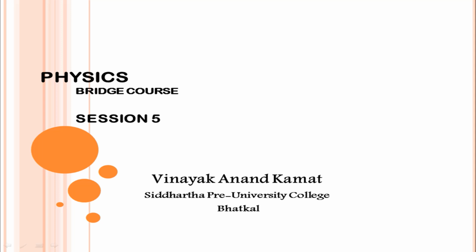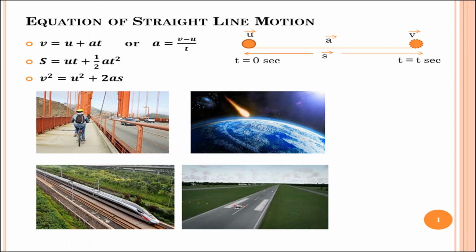Before we continue with today's class, let's have a quick recap of where we left off in the previous class. In the last class, we discussed the equations of motion in one dimension. Let us consider an object moving in a straight line.